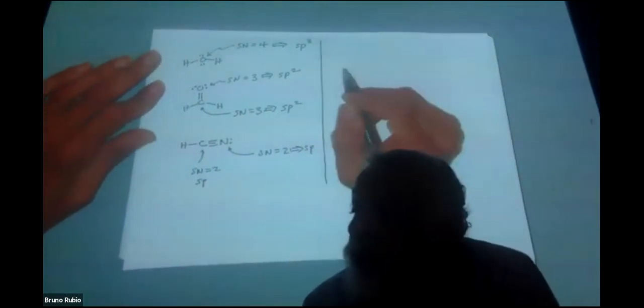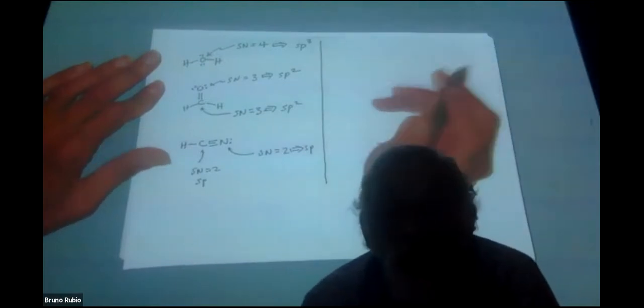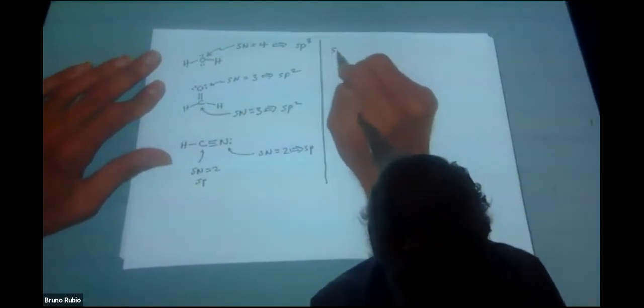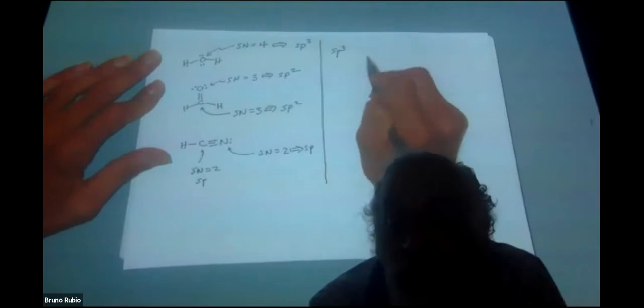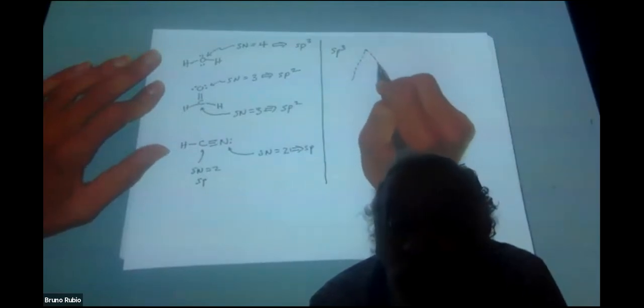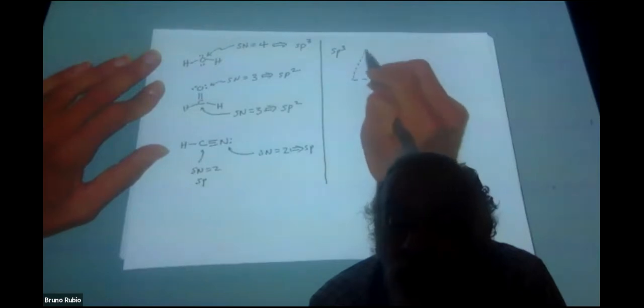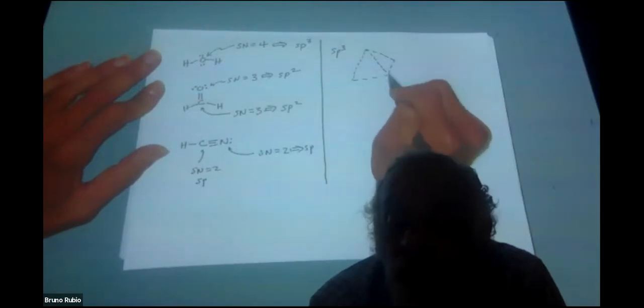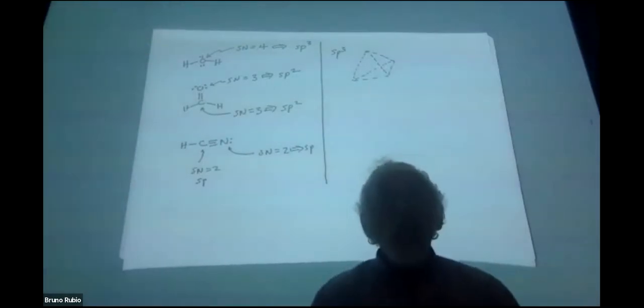Okay, so now let's talk about what these hybridization states look like. The sp3 hybridization state, the atom is imagined to be at the center of a regular tetrahedron, right?